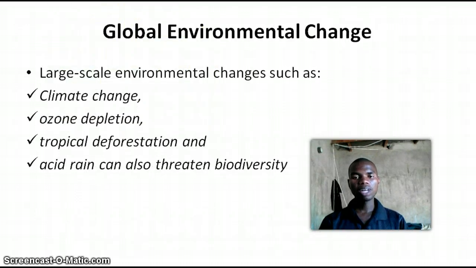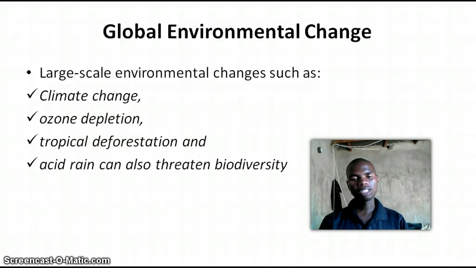Then we've got global environmental change, large scale environmental change such as climate change, ozone depletion, tropical deforestation, and acid rain, which can also threaten our biodiversity, because the temperature was nice at that time, but now temperatures are increasing, so some species cannot tolerate the temperature.